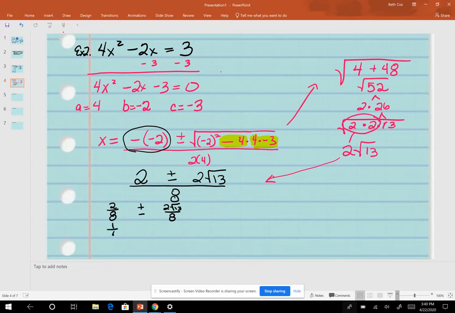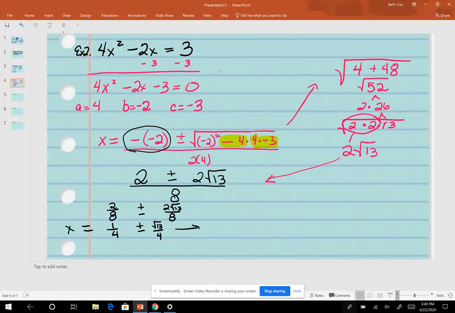This is 1/4, and this is 1/4 with the square root of 13 in the numerator. So that would just be square root of 13 over 4. Now, can I add those? No. Can I subtract them? No. Well, why not? Because you've got a radical. So that is your official answer.